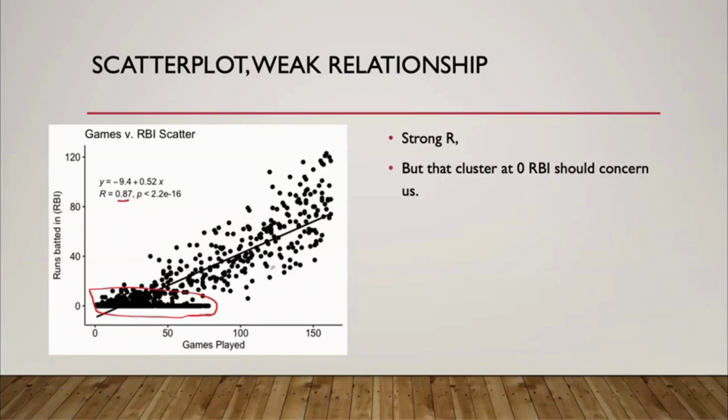And you'll see how this kind of widens out as you get here. Well, it kind of makes sense that you would have RBI and games played. A lot of people play games and don't ever have RBIs. They may not play a lot of games. As you can see, the people that played a lot of games had RBIs.